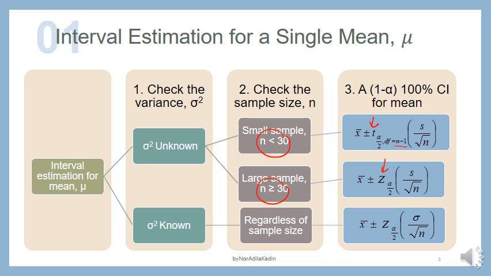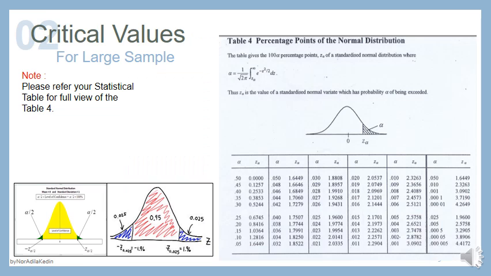Now, if you have a population with known population variance, so regardless of the sample size, find your critical values from your standard normal table. So this one sama dengan table yang saya tunjuk tadi lah. Alright, so this one is standard normal table if the sample is large or the population variance is known.